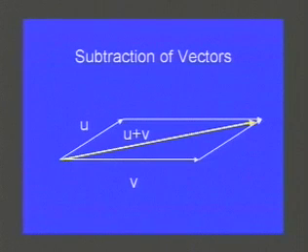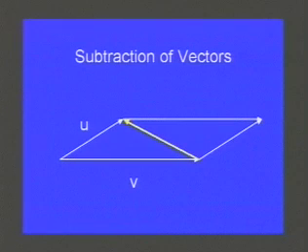All right, what if I wanted to do subtraction? Well, it turns out it's just that other diagonal. Now, because it's u minus v, I want to start at the end of v and go to the end of u. That's going to be the vector u minus v.